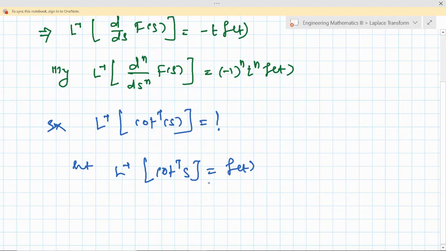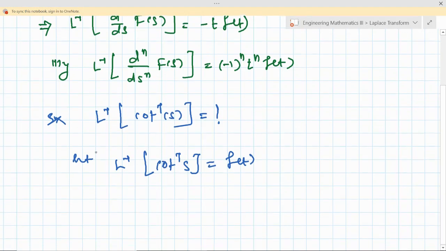Because we don't have any formula related to this type of f of s in the standard results, we may have to use some property, and that property is inverse Laplace of derivative. So, by inverse Laplace of derivative, we take the derivative.